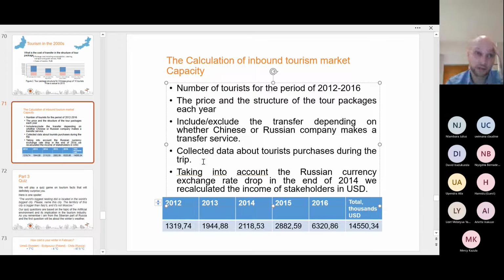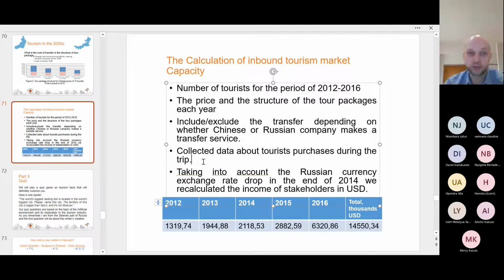Also, there is a literature review. In accordance with the literature review, we found the specific number that tourists spend while being abroad.